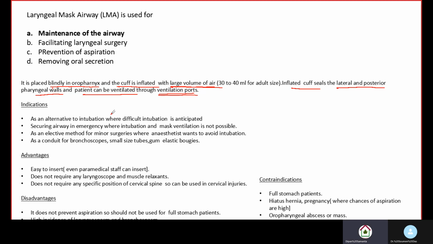Laryngeal mask airway is used as an alternative to intubation where difficult intubation is anticipated.